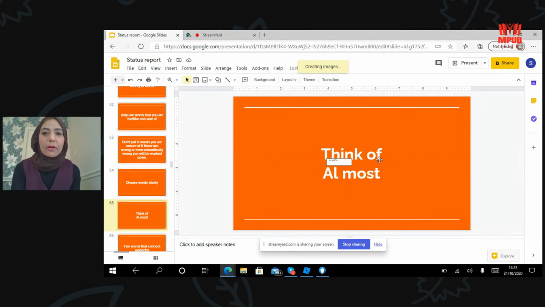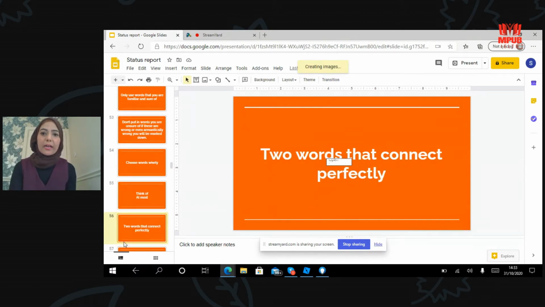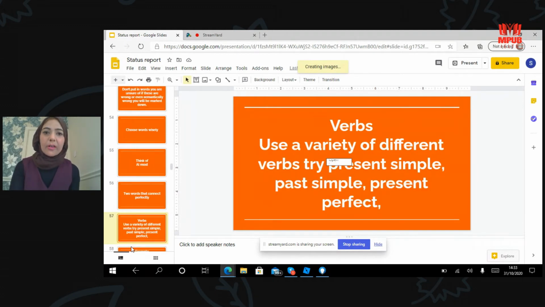So a good one, think of almost two words that connect perfectly. Verbs, so use a variety of different verbs. A good start is to try present simple, past simple, present perfect.